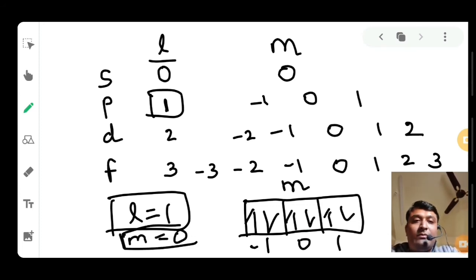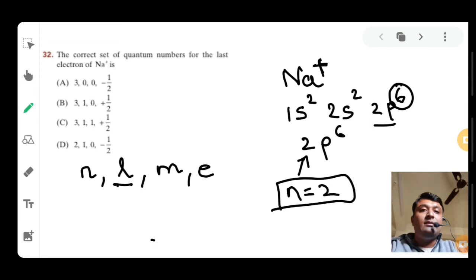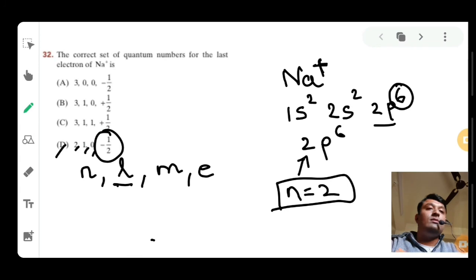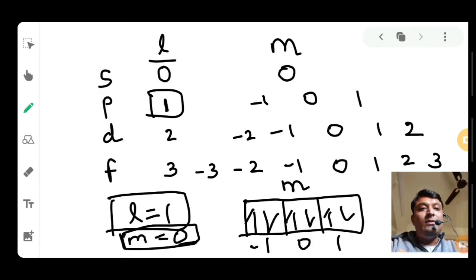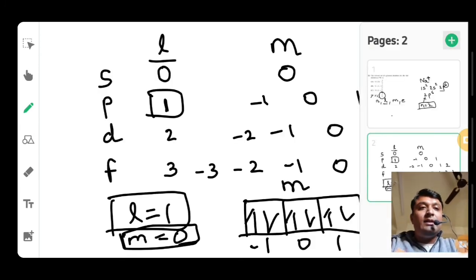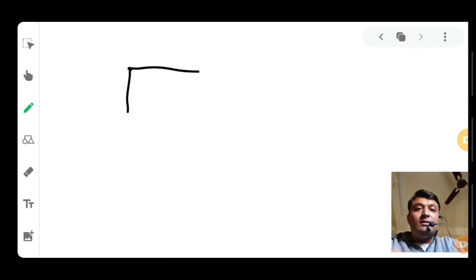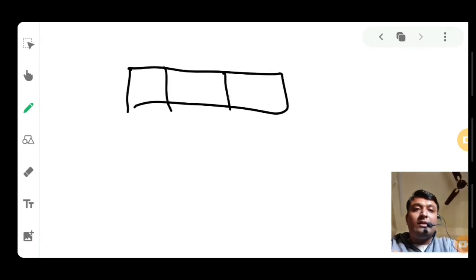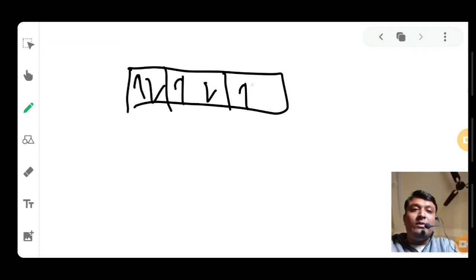Okay, so I think now the option is clear which is the correct answer, that is 2, 1, 0 and -1/2. Now how this -1/2 value is the answer, I will explain to you. Again, if I am drawing the orbitals for the electrons, 1, 2, 3, 4, 5, 6.